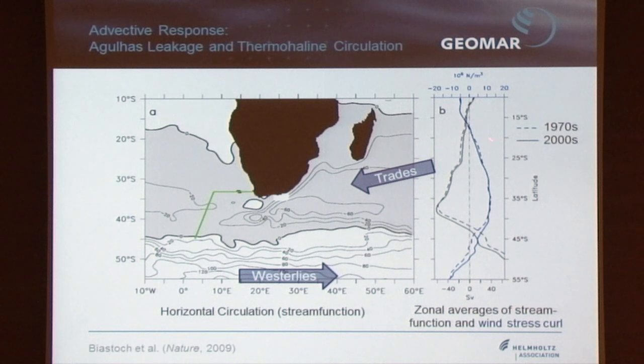Now, as the wind fields move to the south, and this is the blue series here, which is a zonal average from the 70s to the 2000s, we see a southward expansion and an increase in the southern hemisphere westerlies. As this is the case, we also see an expansion of the supergyre towards the south.